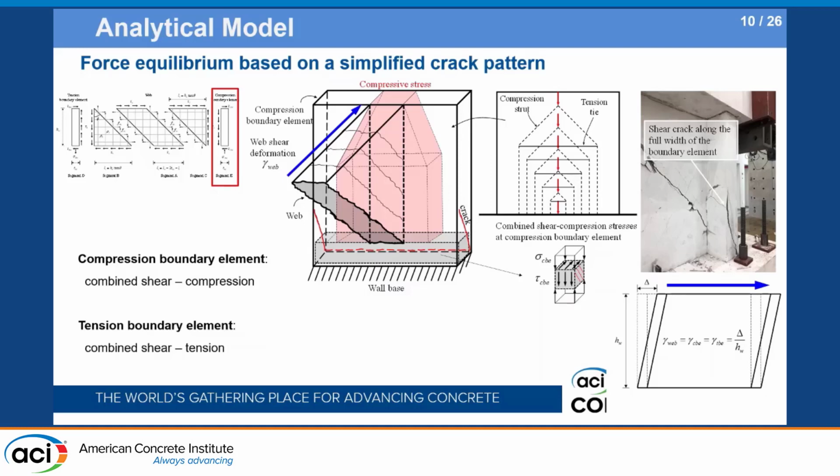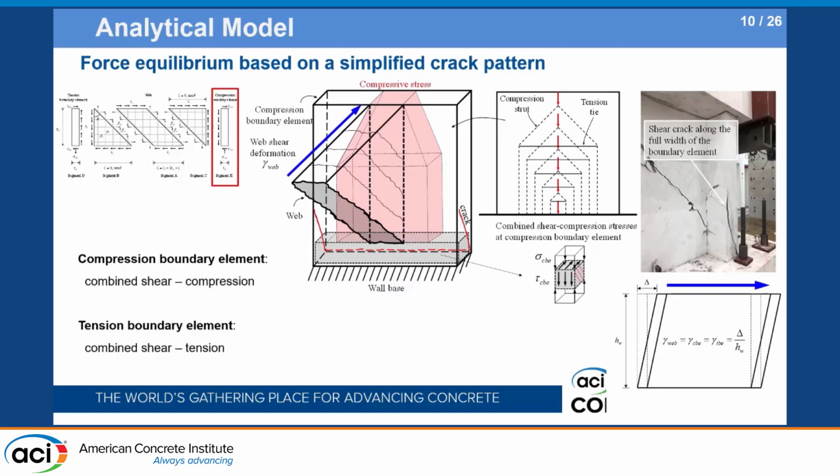For example, for the compression boundary element, a compressive force is generated, and the in-plane shear deformation of the web exerts out-of-plane directional shear on the boundary element.